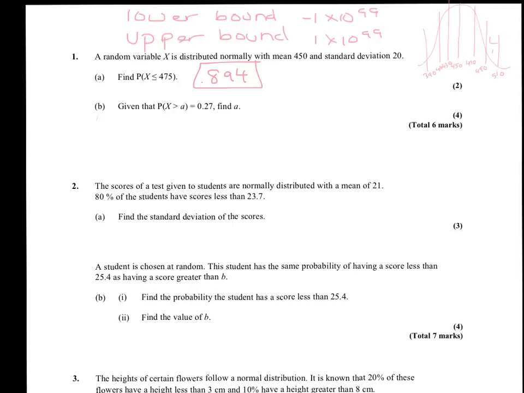Okay, so then they also say in the second part of the problem, given that the probability of x is greater than a equals 0.27, find a. So this is a situation, in the last one, remember, we knew the boundary was 475.